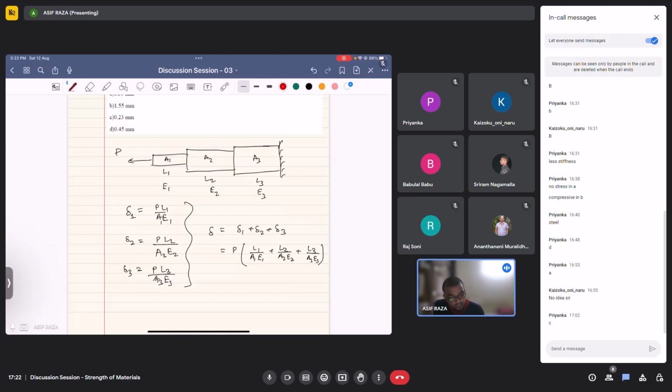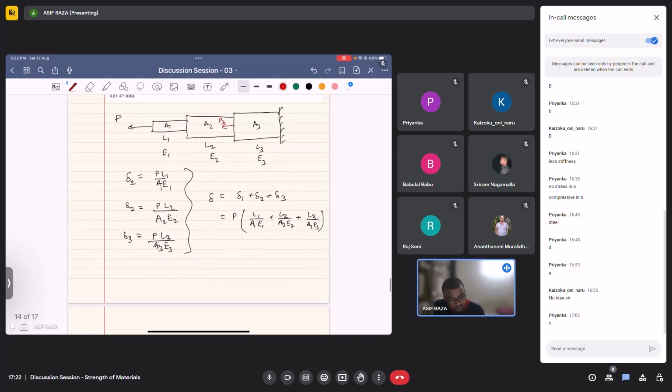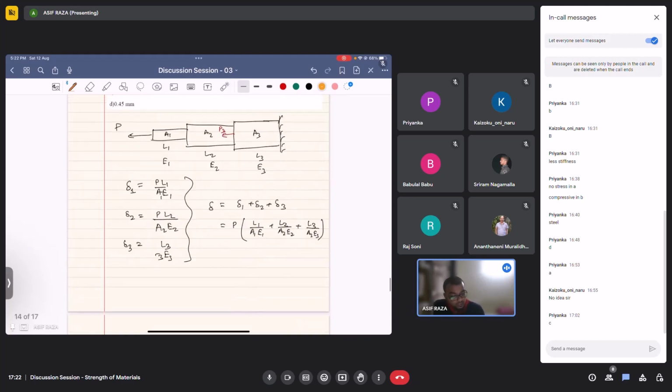If there had been, suppose here a value say P3, you need to balance what amount of force is acting for that step.